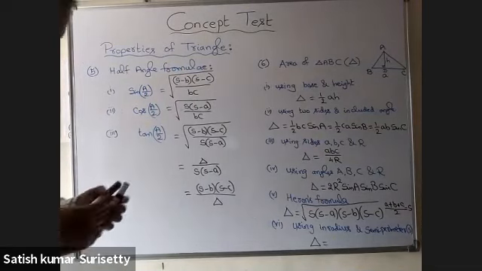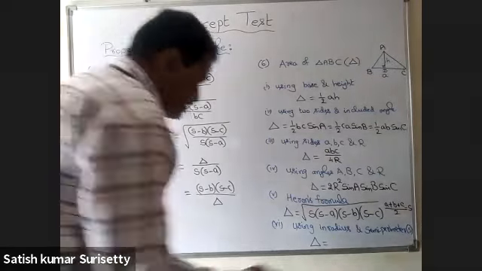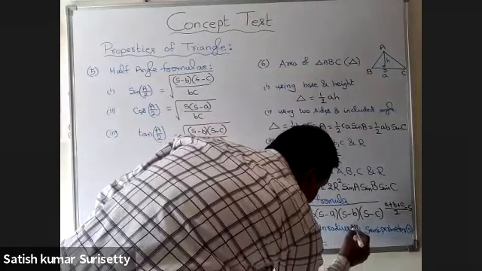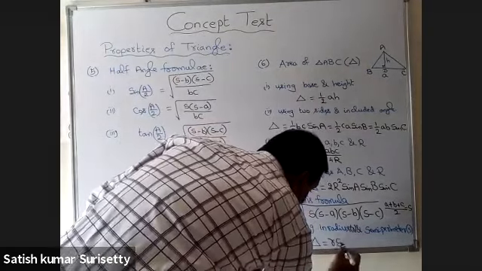Next, using inradius and semi-perimeter s, inradius r, delta equal to r into s.